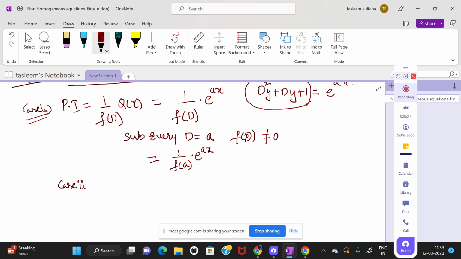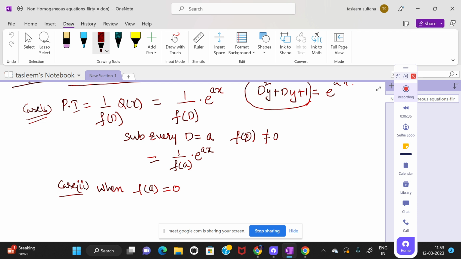Rule 2 is when f of a becomes 0 after substituting D equals a. If f of a is 0, then 1 by 0 is infinity, and that cannot be a solution.